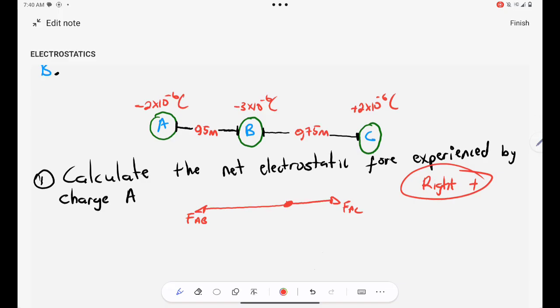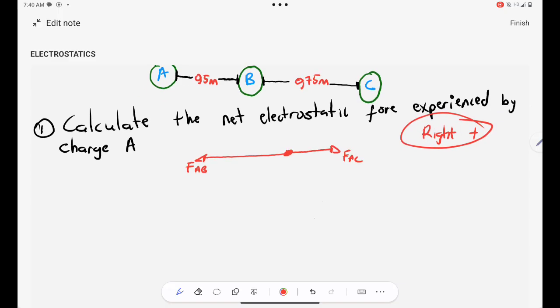So to find the resultant force, I'll simply say F net is equal to the electrostatic force between charges A and C minus the electrostatic force between charges A and B. I'm subtracting the one of A and B because it's acting in the opposite direction.